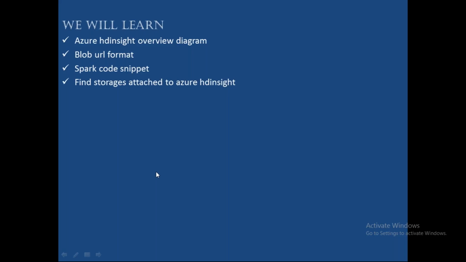Now suppose in the same way I want to read data from SQL database by using an Azure HDInsight Spark cluster. I want to read data from blob storage, from data lake storage Gen 1, from data lake storage Gen 2, and from SQL database. Remember, all these things may not be possible. I will tell you what things are possible and what things are not.